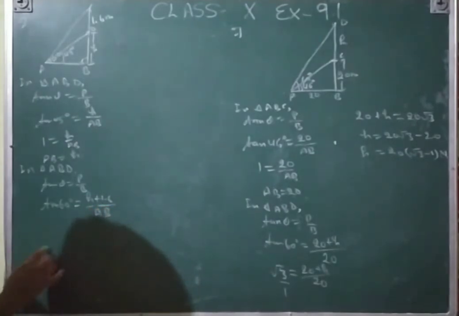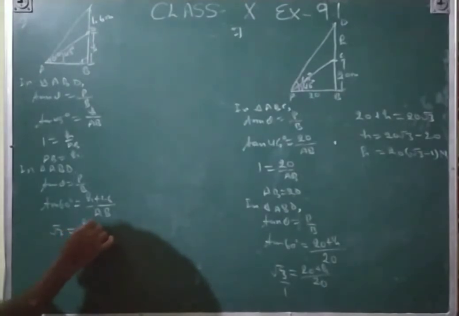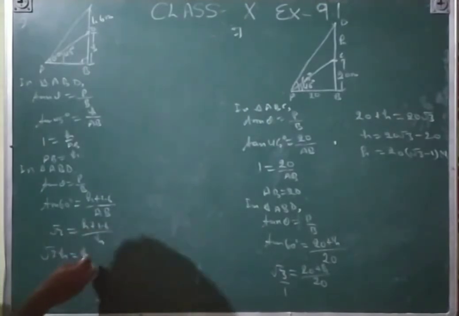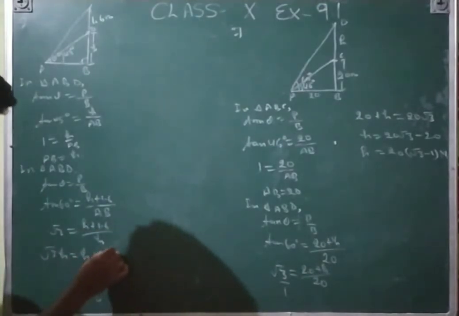So tan 60 value is root 3, which is equal to (H + 1.6) upon AB. AB value we have already found, here H. So by cross multiply, root 3 H is equal to H plus 1.6.